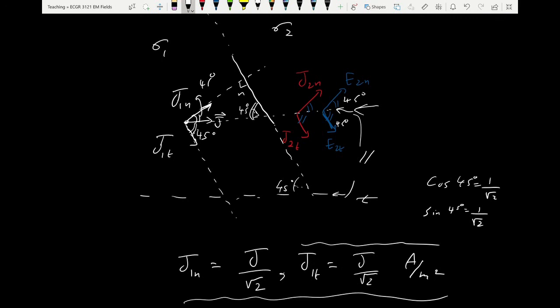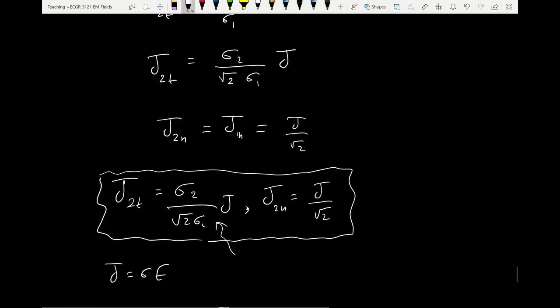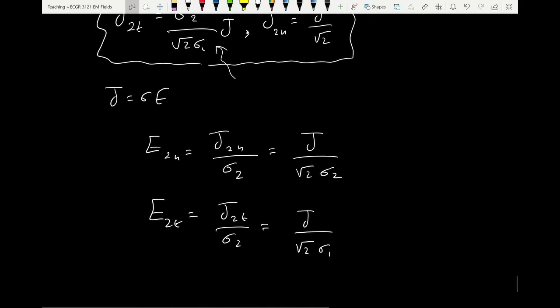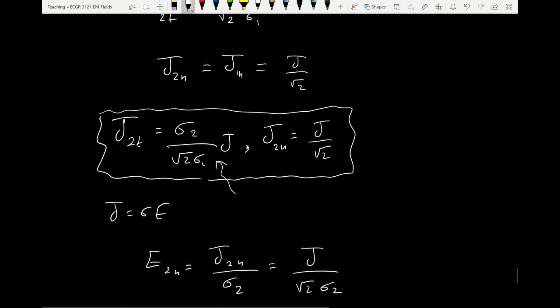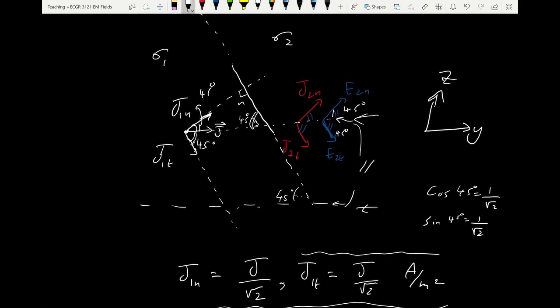If I want to express E now in material 2 in terms of the y and z axes, I need to project E2t and E2n onto the y-axis and the z-axis to get the vectorial form of E. So E2 in the direction of y is going to be E2n cosine 45 degrees and E2t cosine 45 degrees, right?